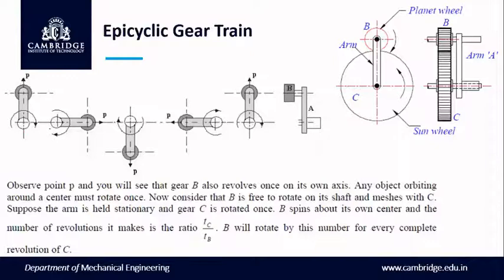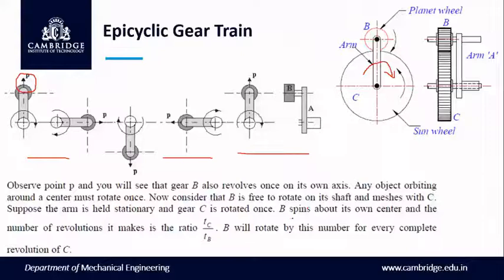If you consider the arm position in this diagram, the point P keeps changing its position by 90 degrees. If the arm rotates in clockwise direction, gear B rotates about the point P. So gear B revolves once on its own axis, and at the same time, it revolves about the axis of the sun gear.